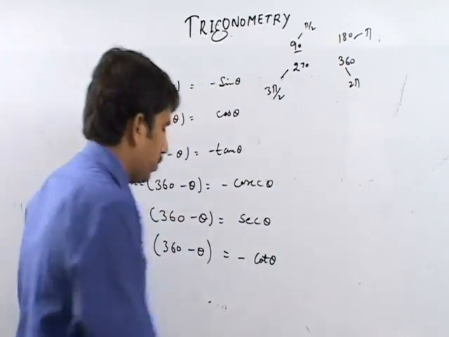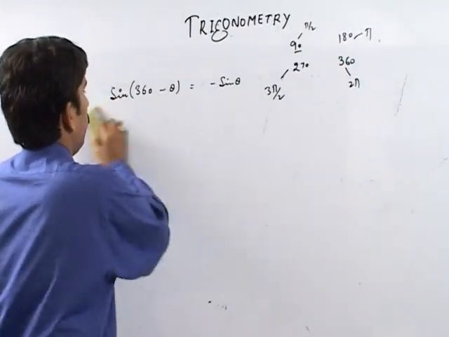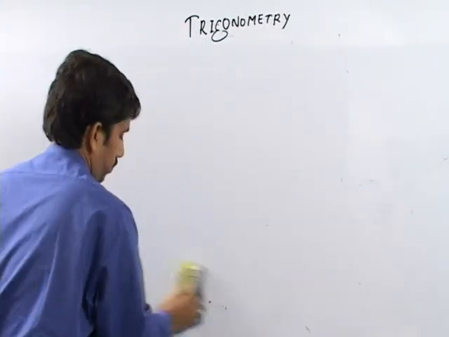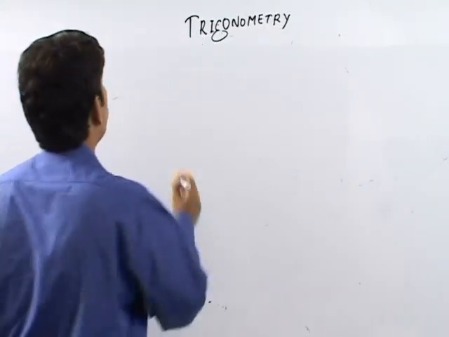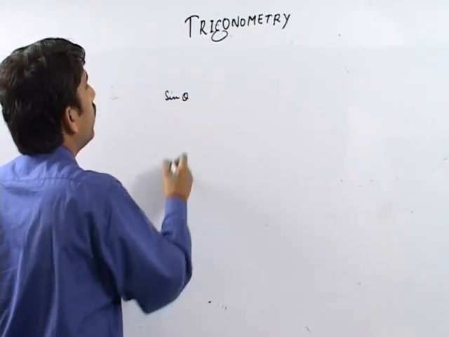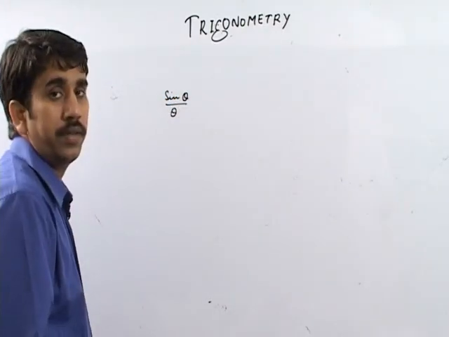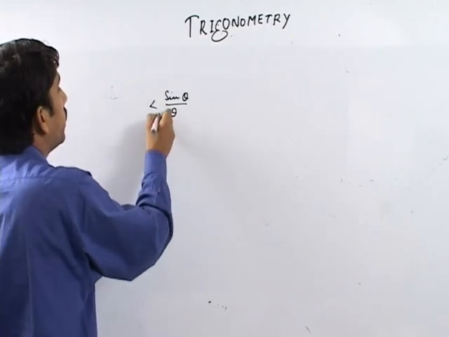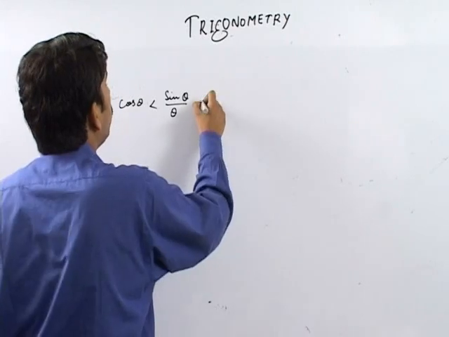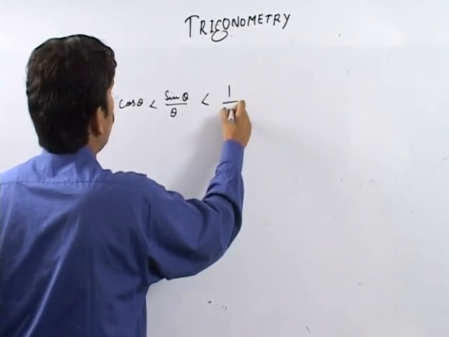Now a few very important conclusions. Remember, sin theta over theta is always greater than cos theta, and this is always less than 1 over cos theta.